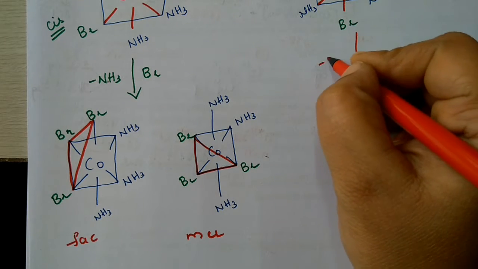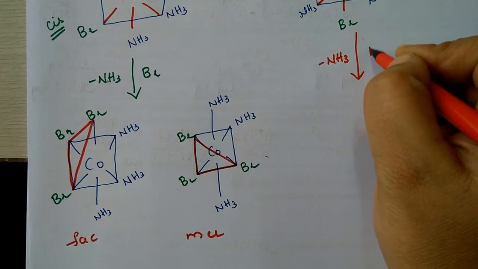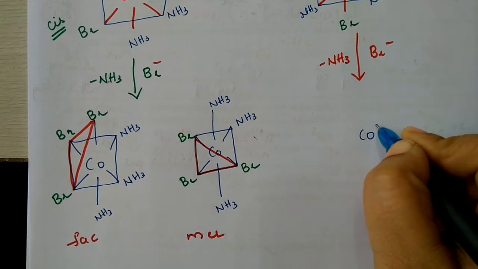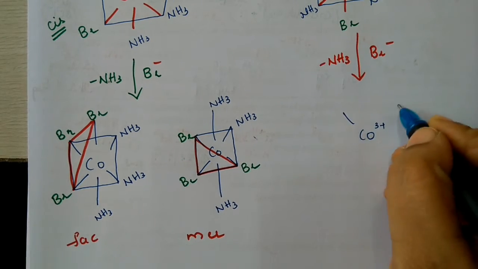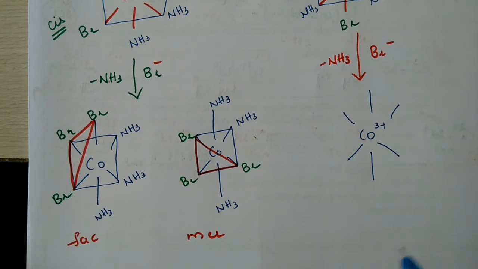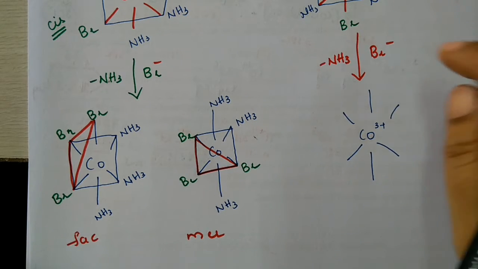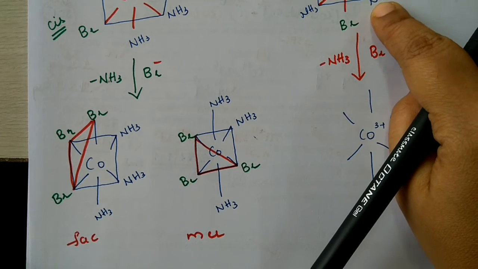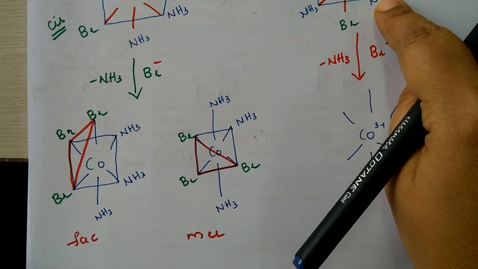For the trans isomer, NH3 we are removing and Br minus we are adding. So we are going to get the complex. Co3+, cobalt, has 6 bonds. One of the NH3 you need to remove, and we need to write the FAC isomer or cis isomer. One of the NH3 you remove and you substitute Br.